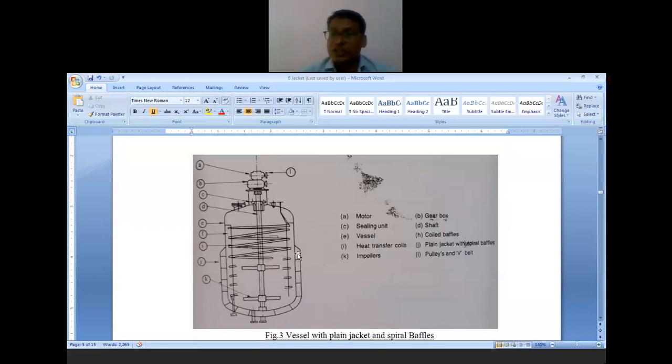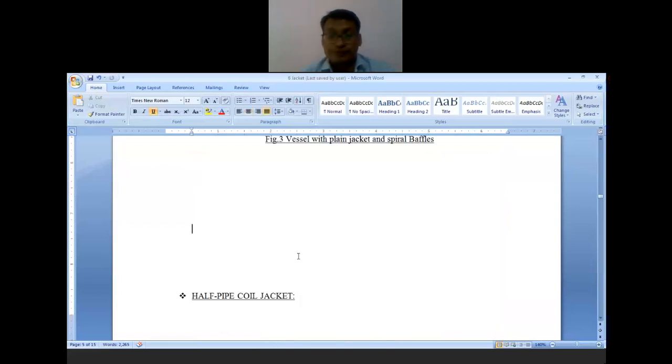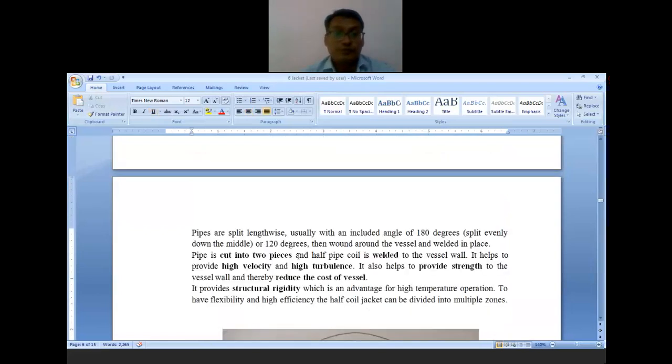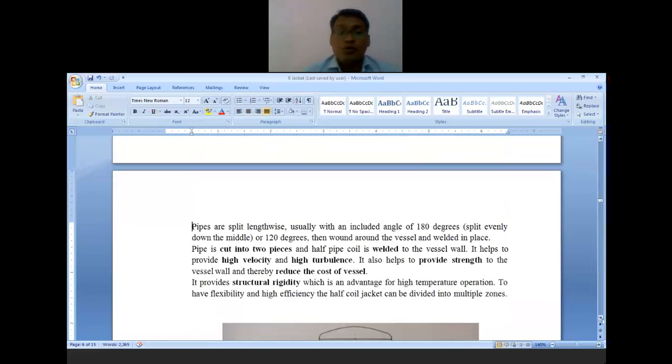So you are trying to maintain the higher velocity. As the velocity is more, the turbulence will be more, and as a result the heat transfer coefficient will be more.